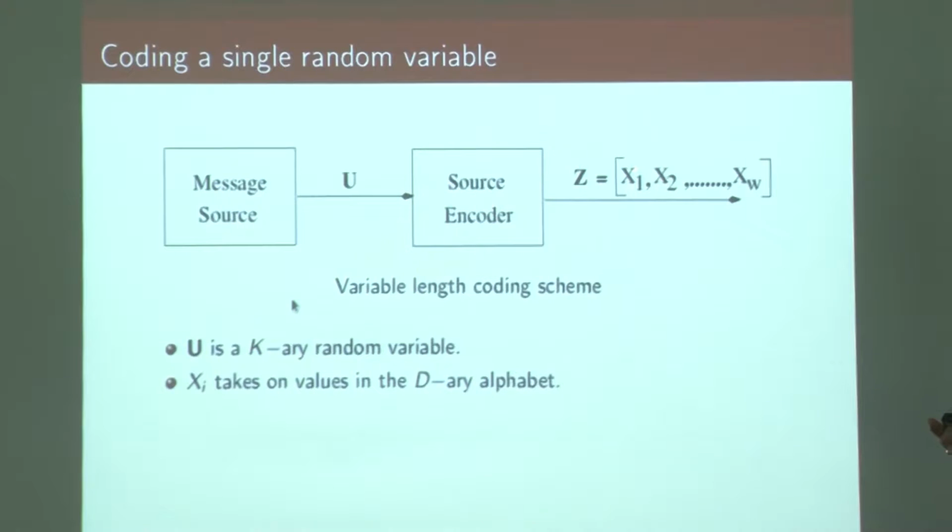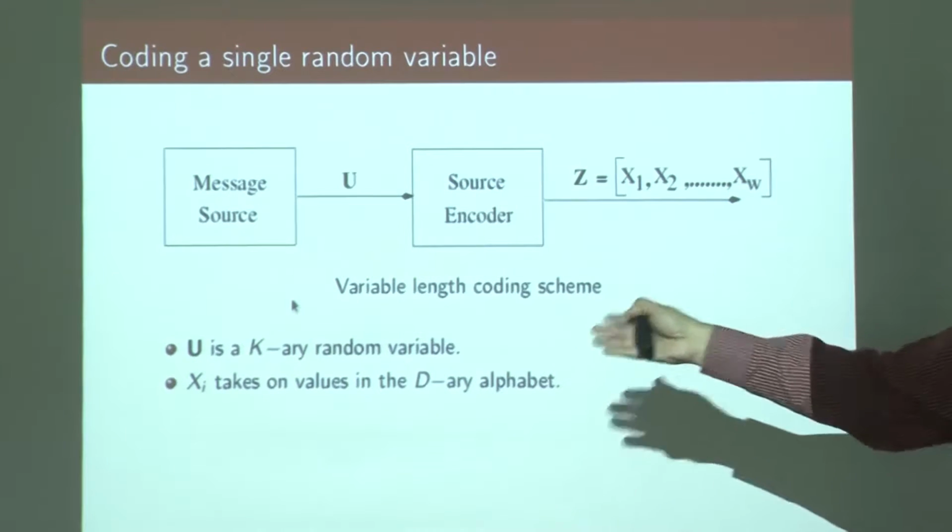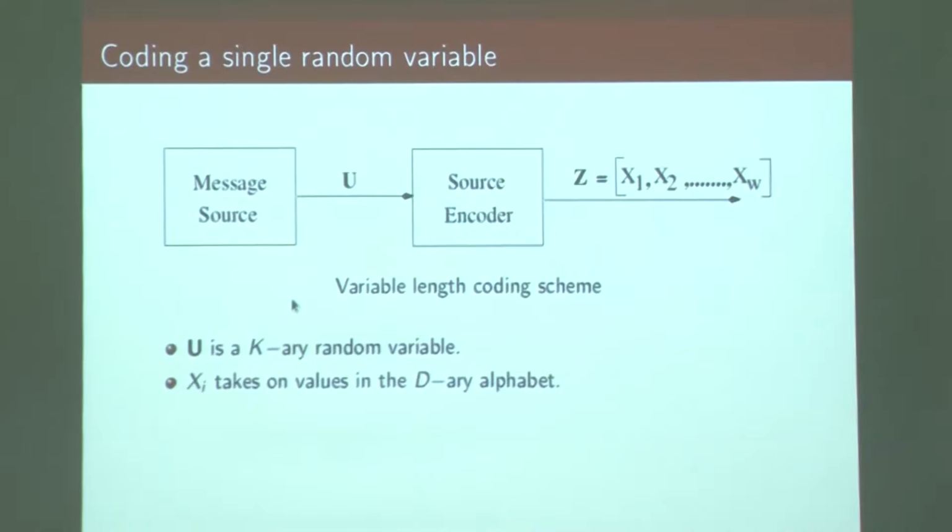What do I mean by that? Each of x1, x2, x3, xw can take d possible values. That d can be k also, or in general it is different from k.